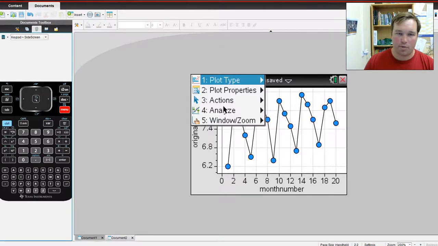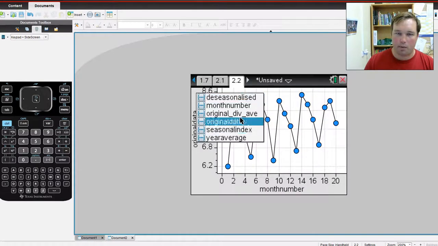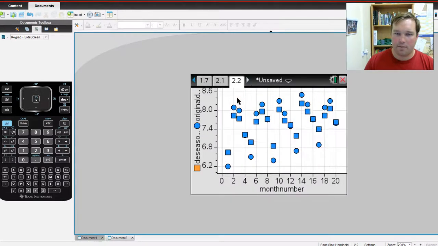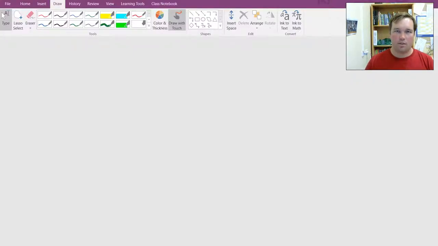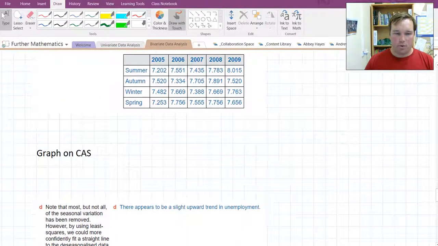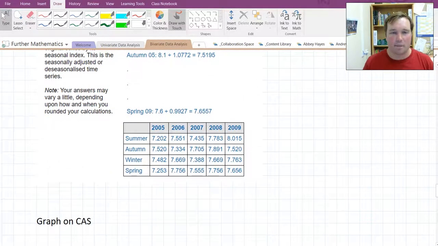If we go menu, plot properties, add Y variables, and we will look at deseasonalized data, we can see that most of the seasonal fluctuations have been removed and that there is a clear increasing trend. So this appears to be a slight upward trend in unemployment. Apologies about that. We'll have to work out a more efficient way to do it. Having said that, this is how people do it.